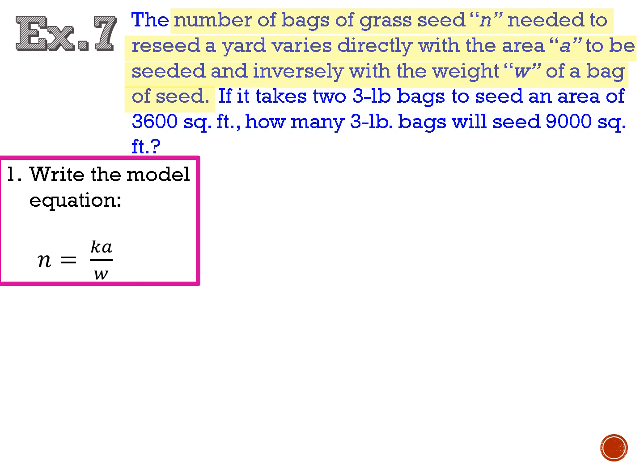N equals directly with A. So since it varies directly, A is in the numerator.